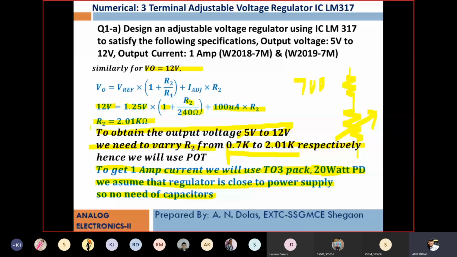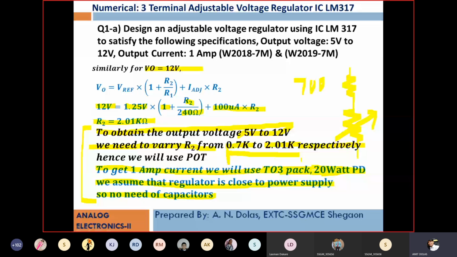So these two lines are very important after design, because you have to mention which package you are using. If you look into Ramakant Gaikwad, you will have all the ranges for the different LM317 series and their current rating as well as voltage rating. So a TO3 pack of 20 watt can be used to supply 1 ampere current.